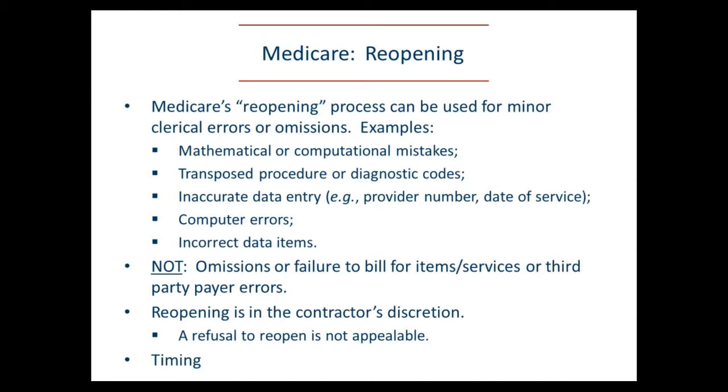And finally, Jim alluded to timing, and it's something I'm going to keep coming back to through the balance of the presentation. Timing is an important thing. Under reopening, generally speaking, you can request a reopening within 1 year for any reason, or 4 years if there is good cause. And good cause is a defined term.